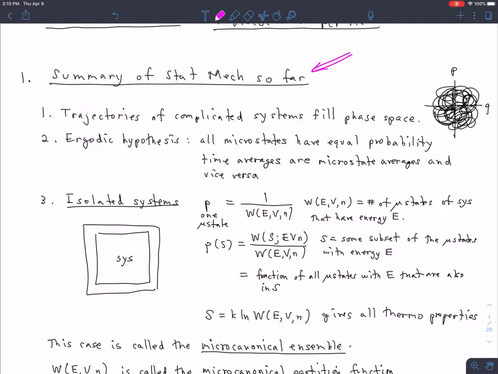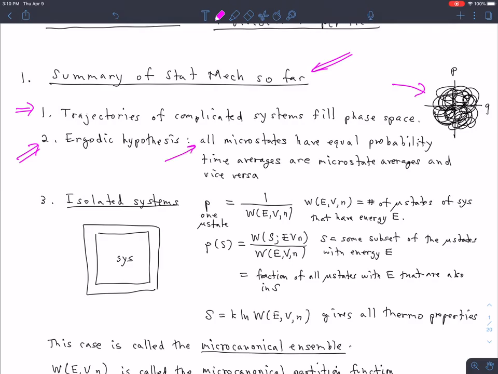So far, what we've learned is that if you take some complicated molecular system and run it according to the laws of physics, you'll get some complicated trajectory in phase space that fills up phase space, basically. And that serves as justification for the ergodic hypothesis, which says two equivalent things, really.